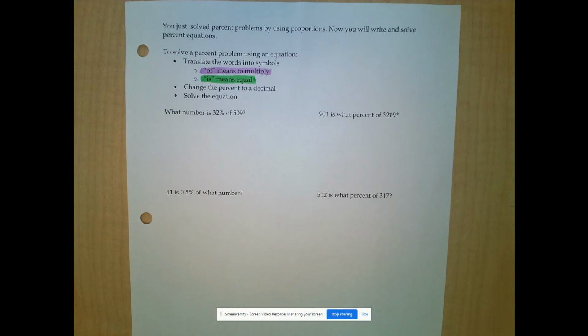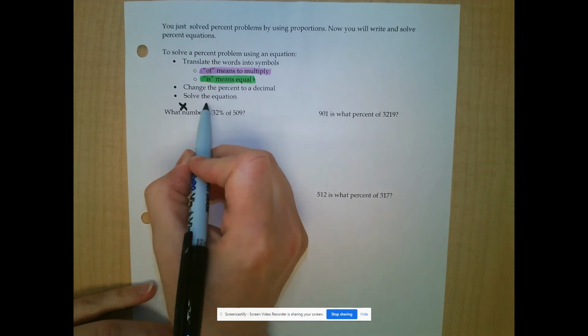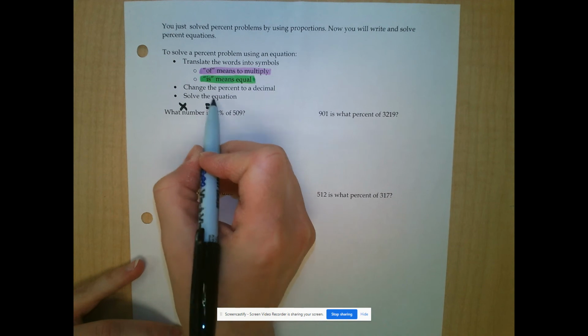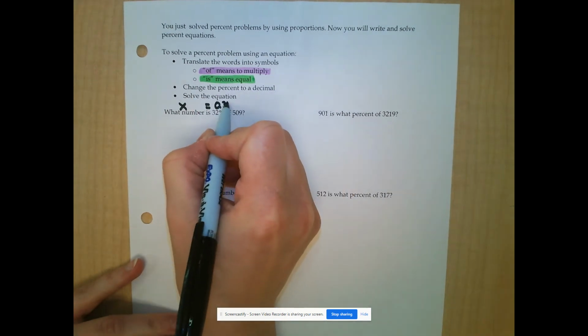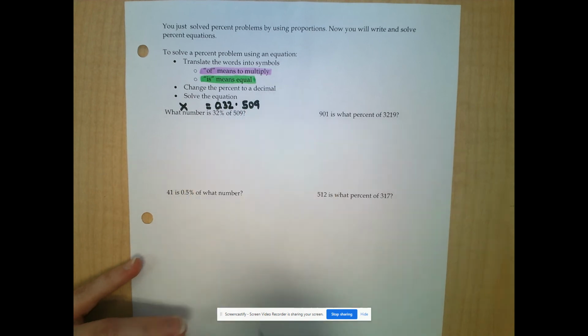All right, so we're going to translate. What number? Don't know. That's our variable. Is means equals. 32%. Well, this says change the percent to a decimal. So 0.32. Of means multiply, and the number here is 509.